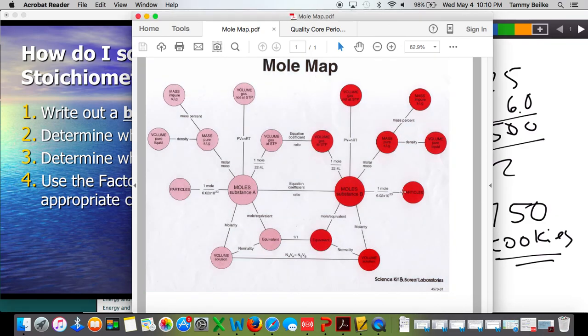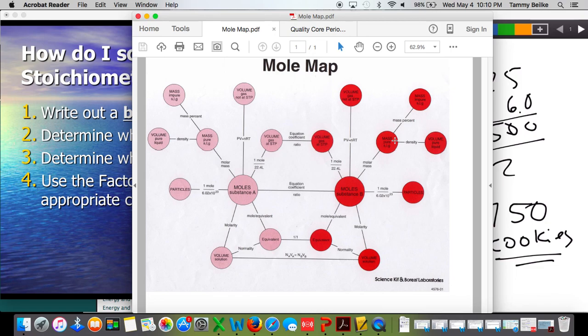The mole map is going to tell you exactly what path to take, and I will give you a sneaky little hint that usually it's from mass of A to mass of B. Okay? On occasion, you'll do mass of A to volume of solution to volume of solution, but notice all of those are 1, 2, 3 steps.